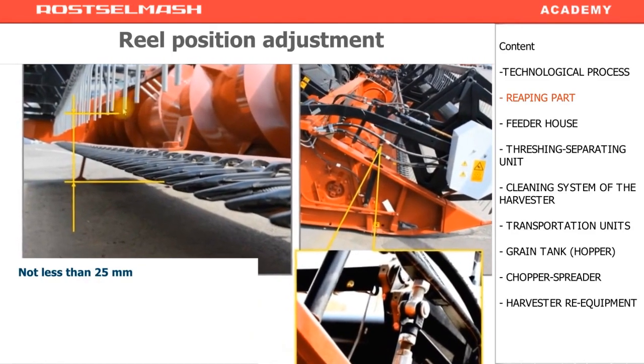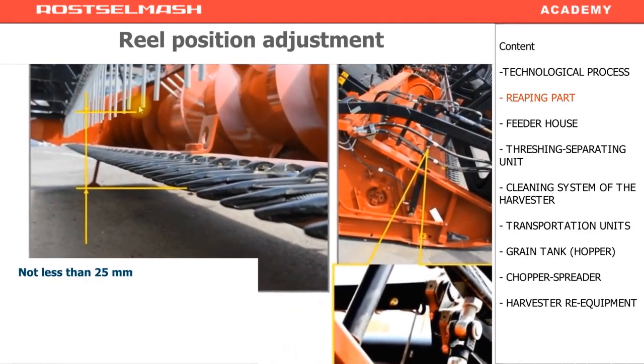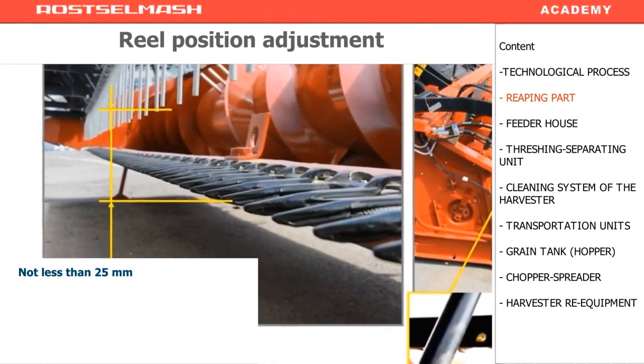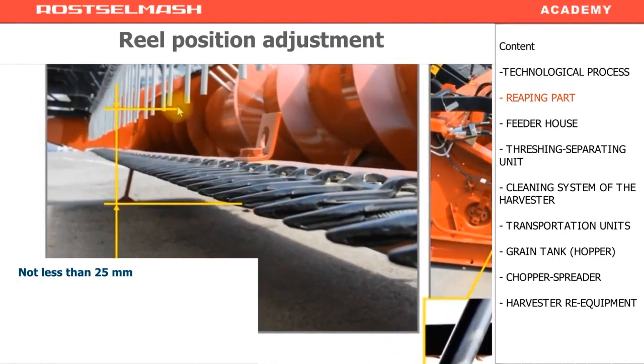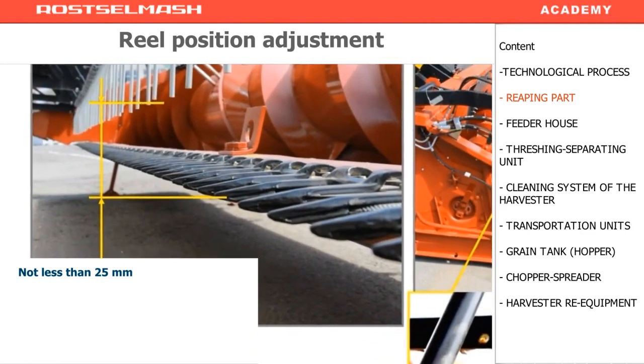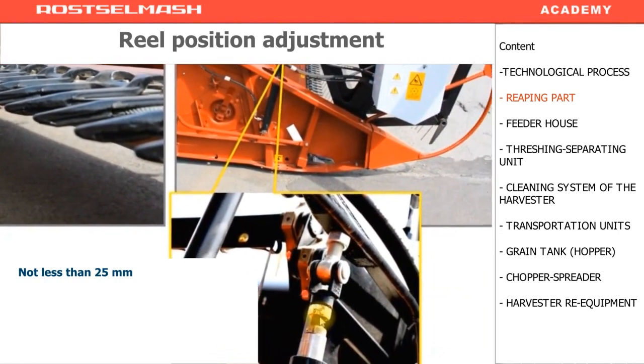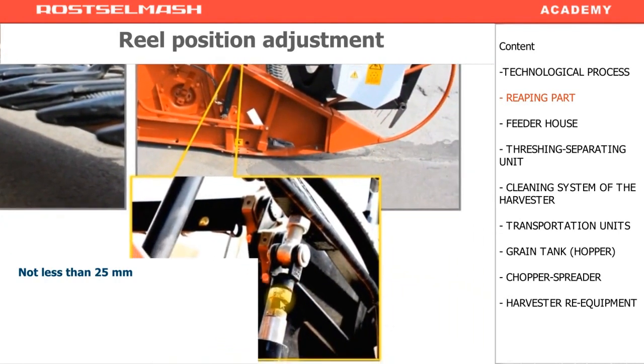The minimum distance between the reel bar fingers and the cutter bar is 25 mm. If the distance is less than 25 mm, or much more than that, the hydro cylinders have special adjustment spots on the left and on the right.